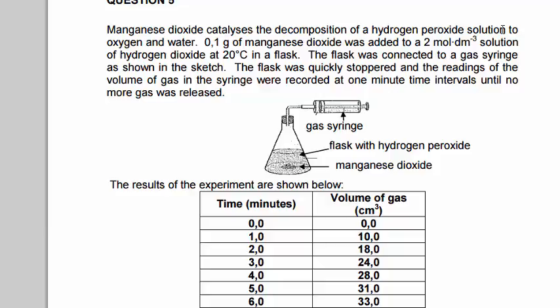it decomposes hydrogen peroxide. What does decompose mean? So it breaks down. So decompose means it is a substance that consists of more than one element, and it breaks it up into its parts. It decomposes. So hydrogen peroxide is H2O2.